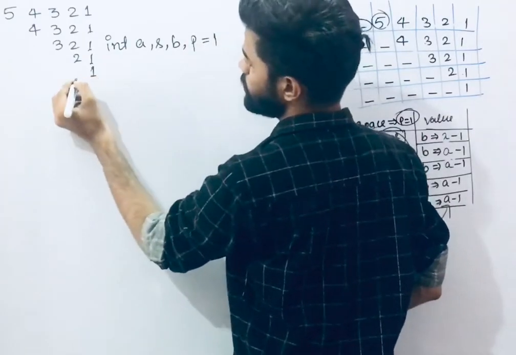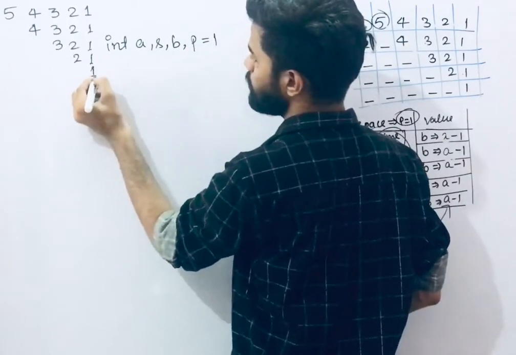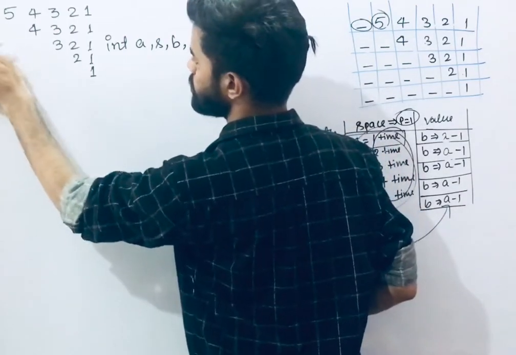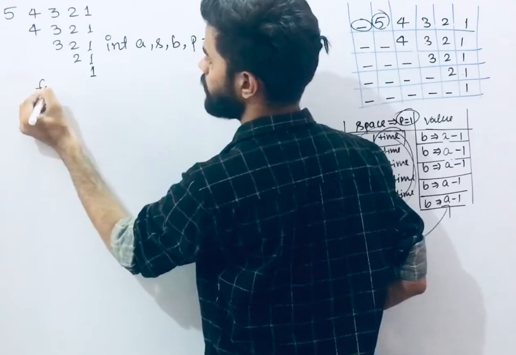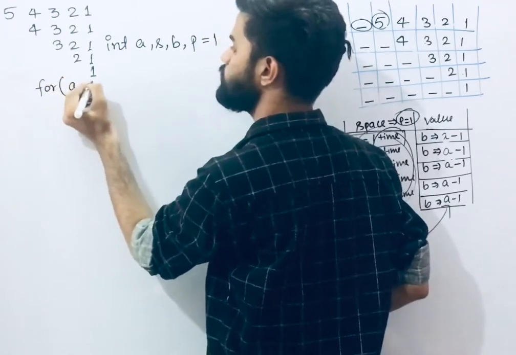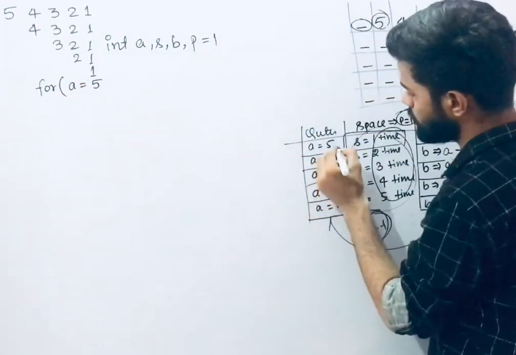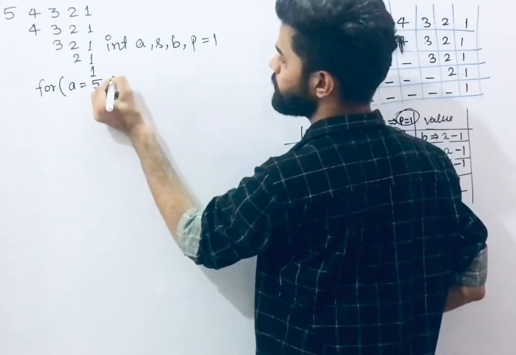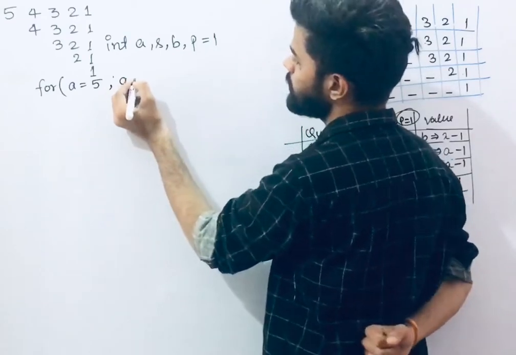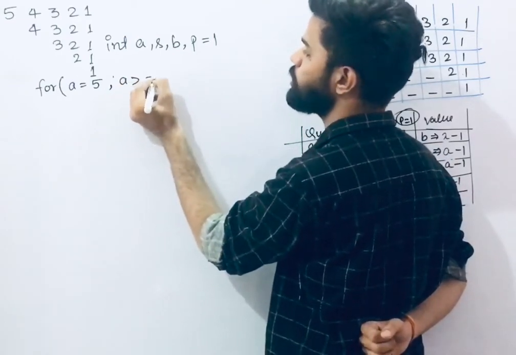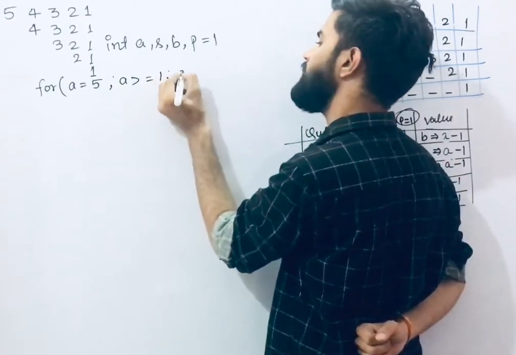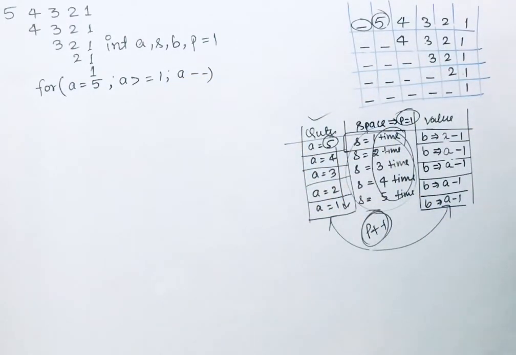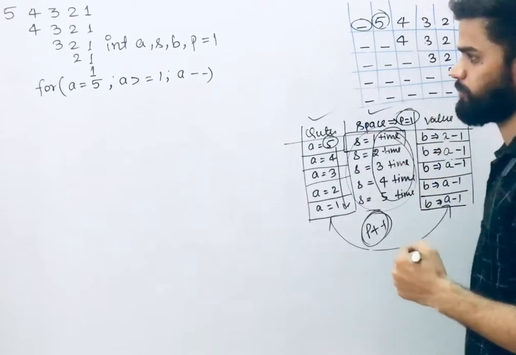First of all, we write here for a equals 5, because we need to continue with 5 to 1. So a equals 5, a is greater than or equal to 1, and a minus minus. Outer loop task completed, and now we need to print space.